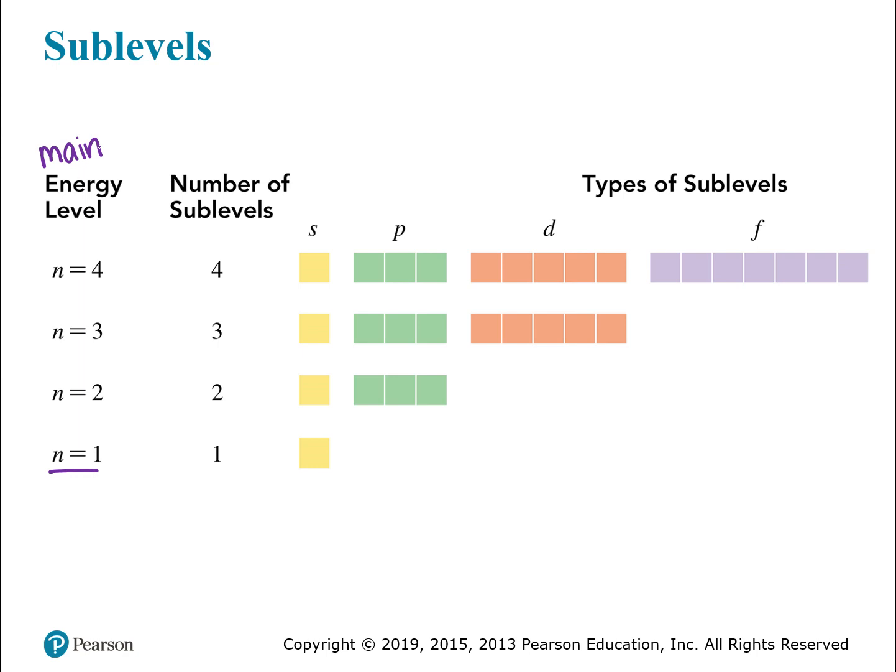Within that, there are sub-levels. Those sub-levels are S, P, D, and F. S is the lowest energy, and F is the highest.